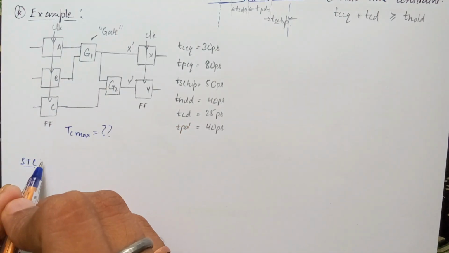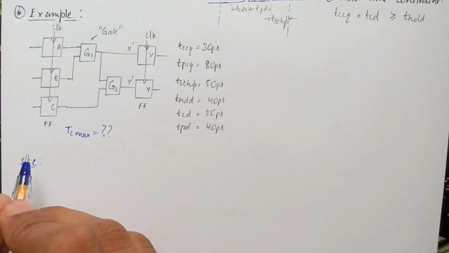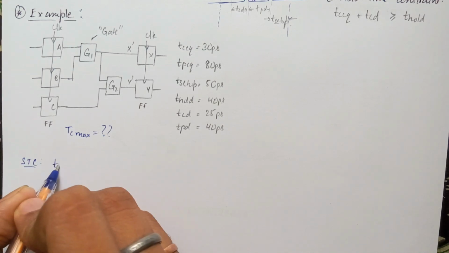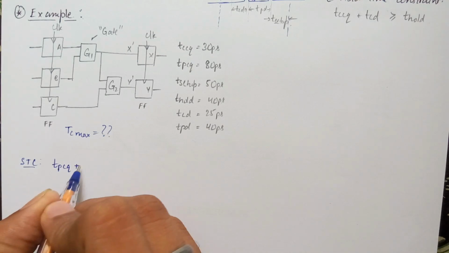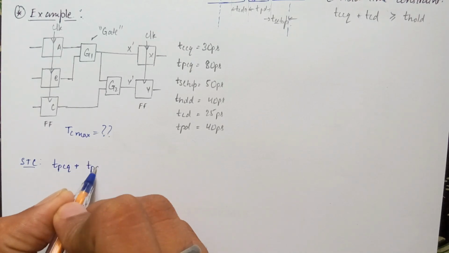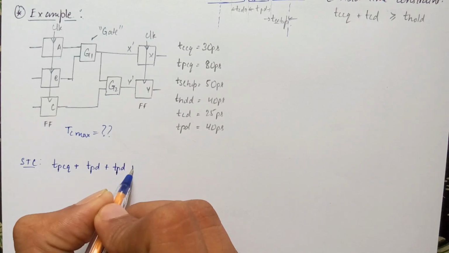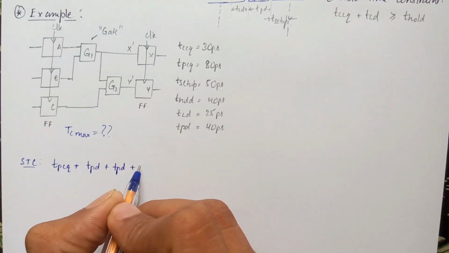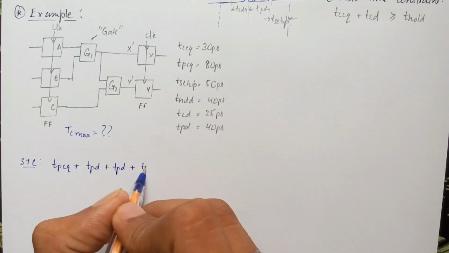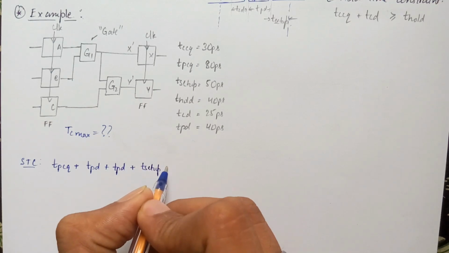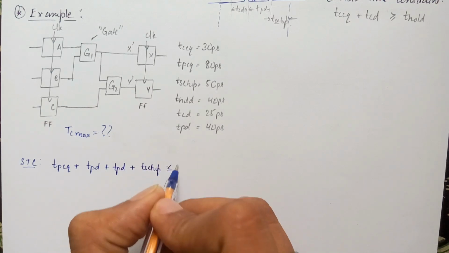We get the delay from clock to output TPCQ plus propagation delay of gate 1 plus propagation delay of gate 2 plus setup time of flip-flop 2 must be less than or equal to the time period Tc.